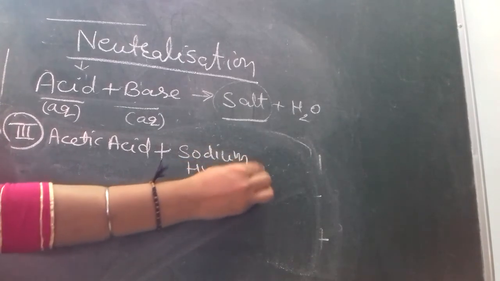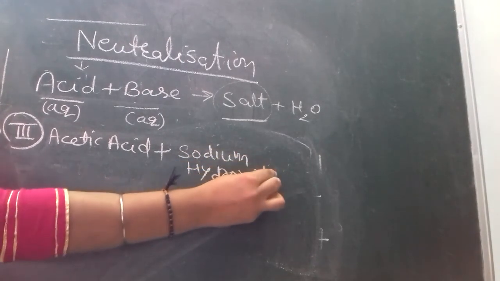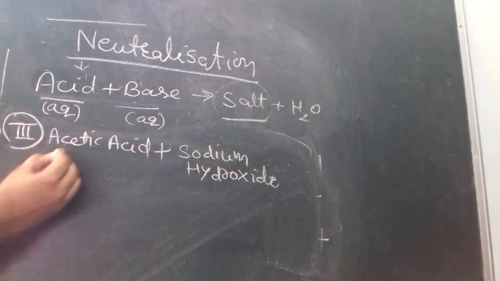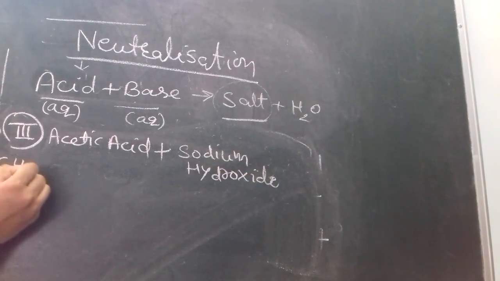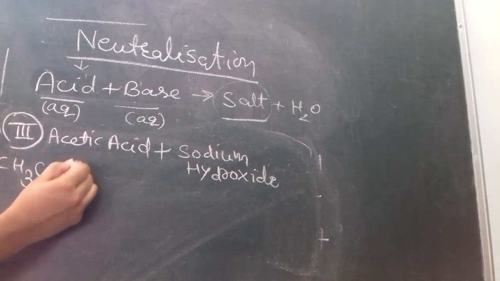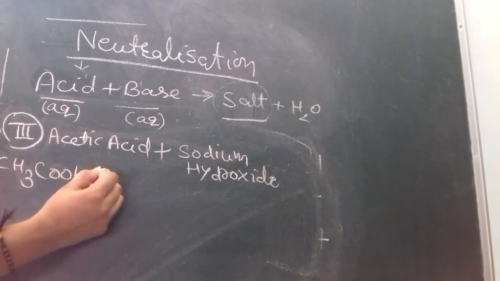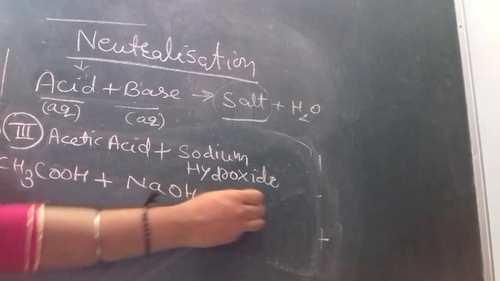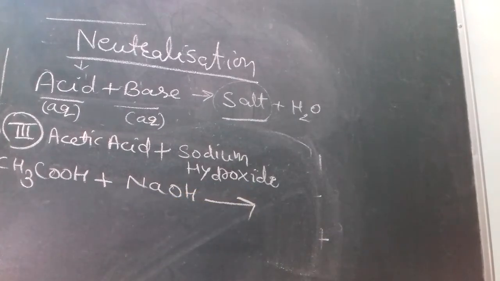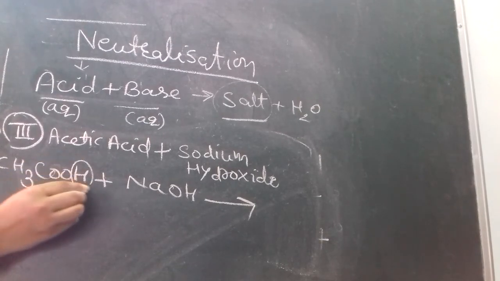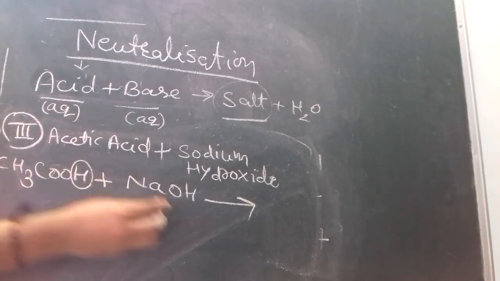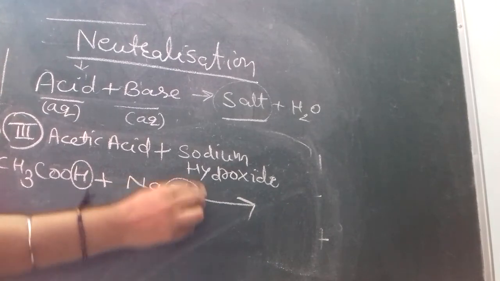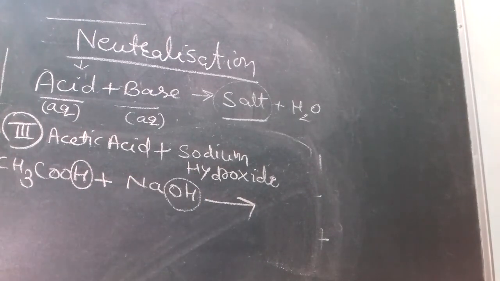Okay, I hope you know its formula. Acetic acid is CH3COOH and sodium hydroxide is NaOH. Now here this acetic acid is acidic in nature, so hydrogen ion will be released from here, and this basic solution releases OH ion from here.